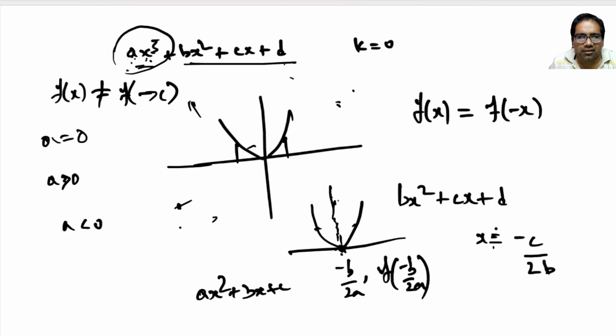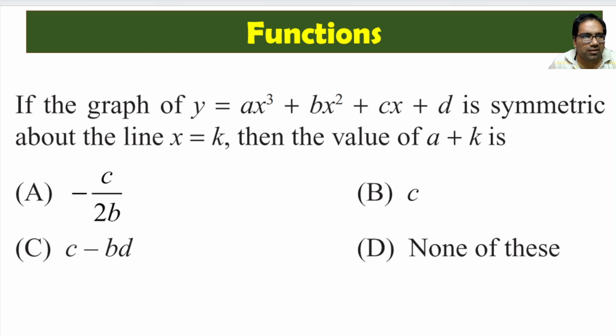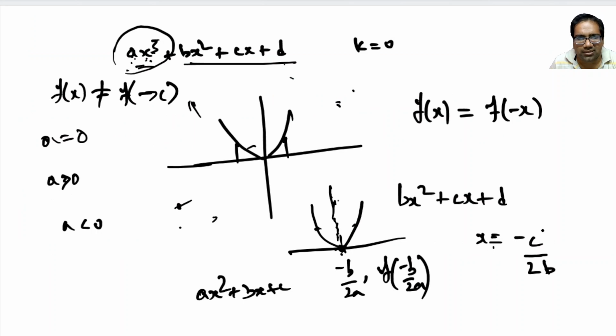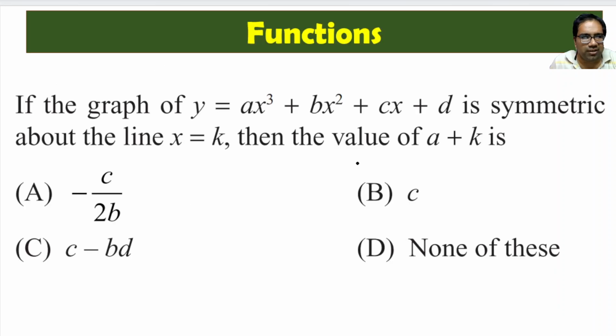If the line passes through this vertex, that means if the line x equal to k is the line x equal to minus c by 2b, that means k equal to minus c by 2b. And a is anyway 0. We have figured out that if a is not 0, this can never be symmetric about the y-axis or any line. It cannot be symmetric with any vertical line.